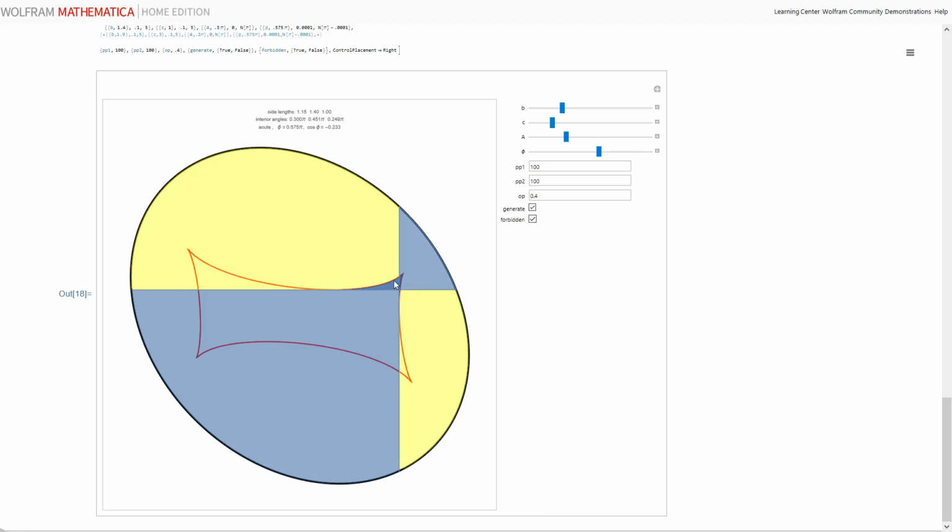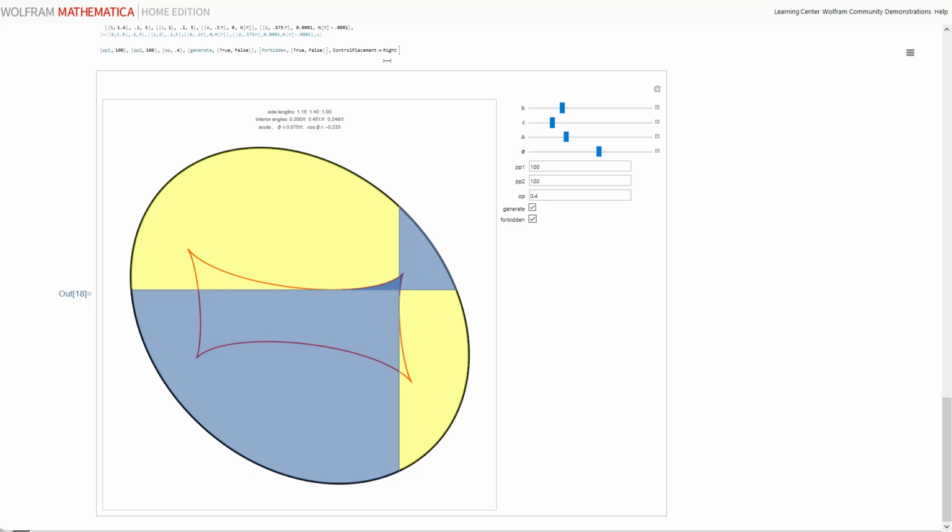And also, most of the red curve this time doesn't play any role in the separation, but this little portion of it clearly separates the yellow from the blue. Now this label that, again, you can't read, I guess, says acute. So this is an example of an acute triangle.